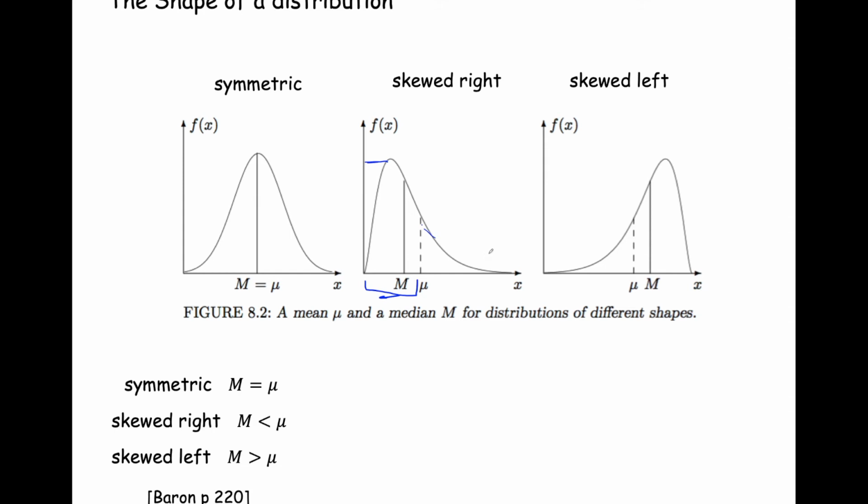We also have this other scenario on the frame on the right-hand side. It's called skewed left. Now, when it's skewed left, it's the opposite relationship between the population mean and the population median. It's skewed left if the population median is greater than the population mean.